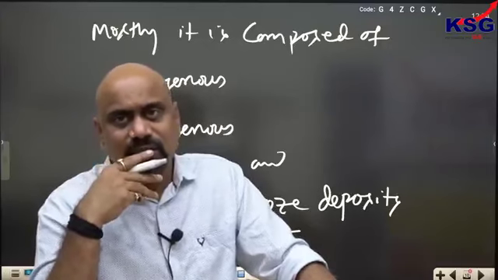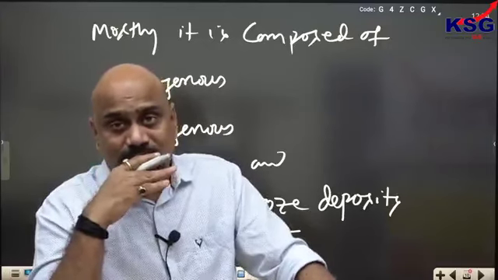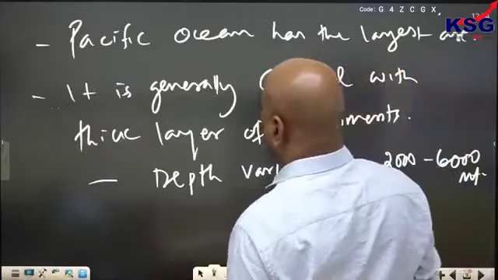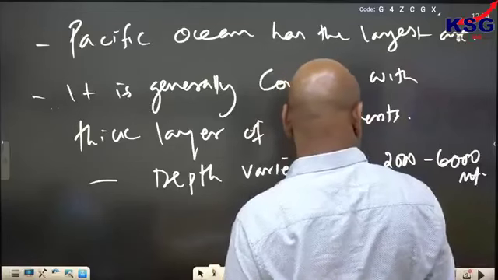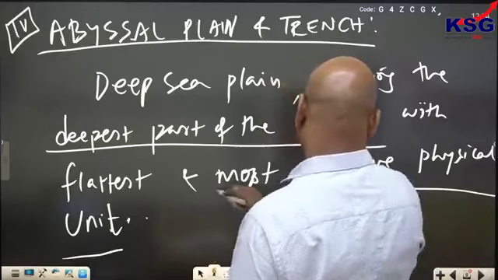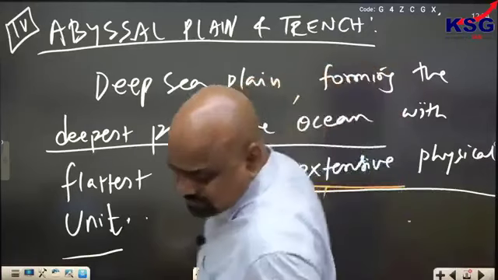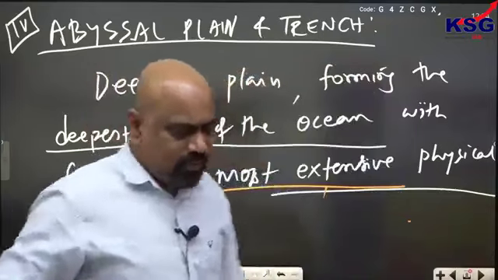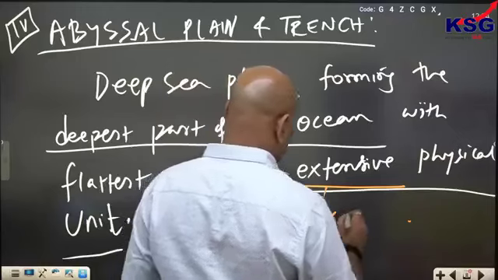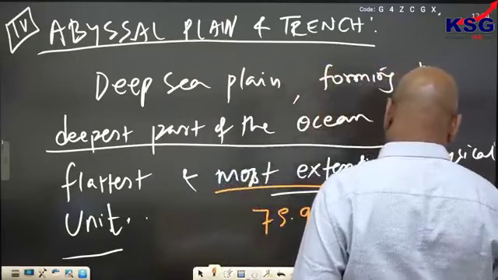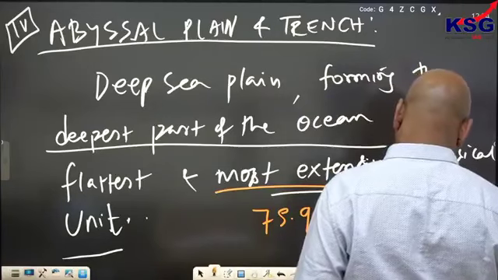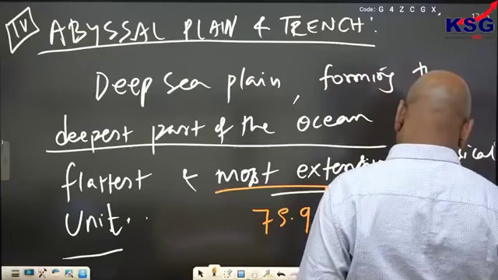Nearly 75.9% of the total oceanic area is abyssal plain. I said most extensive, most extensive part I told you: 75.9% of total ocean surface area.